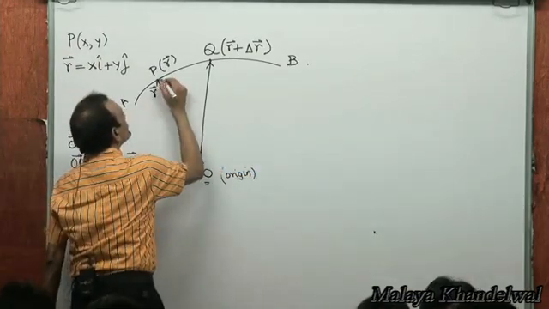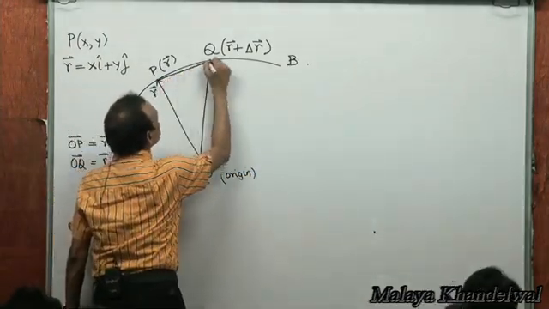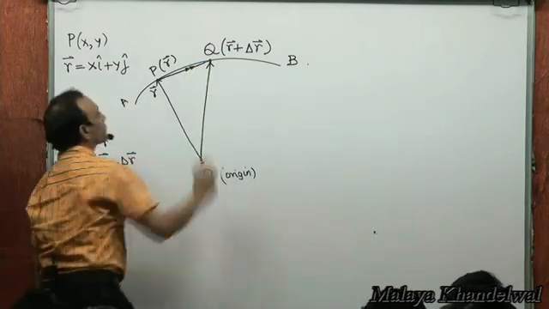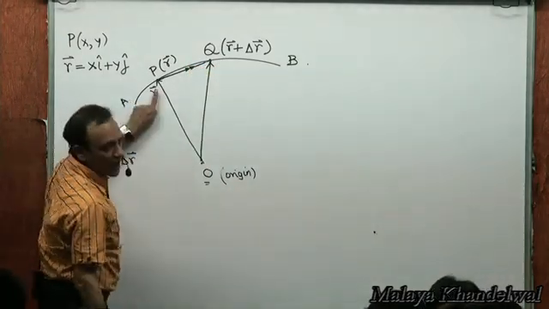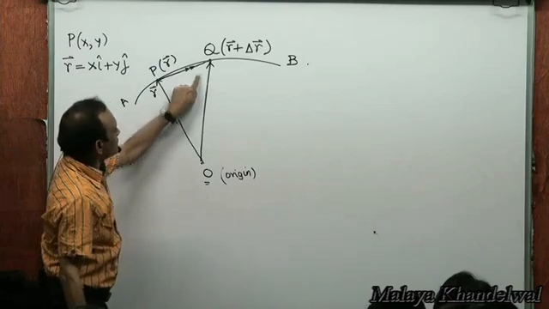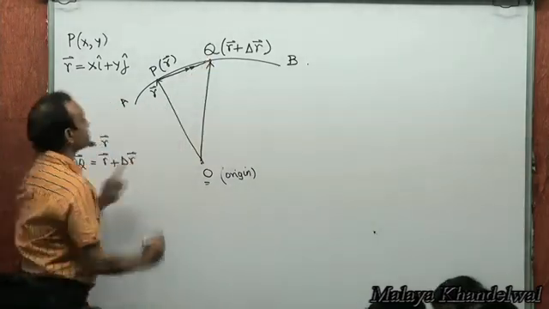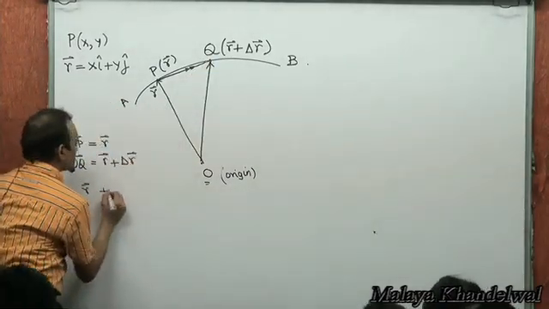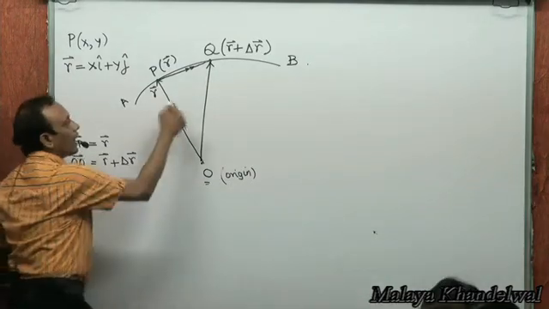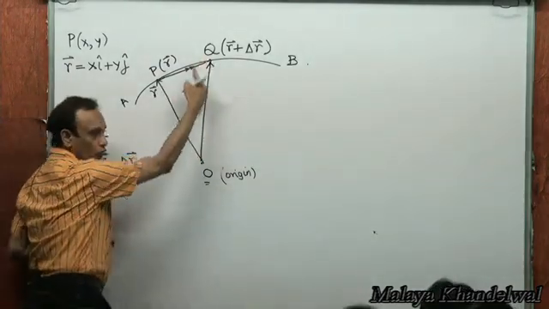Now, the vector PQ from triangle law, realize that this is r plus this vector is the vector OQ, isn't it? r plus PQ is OQ.